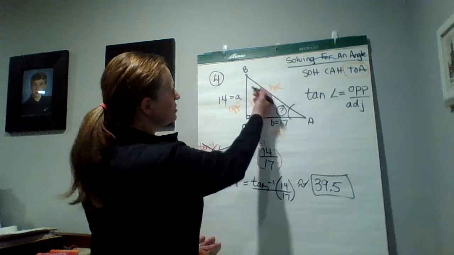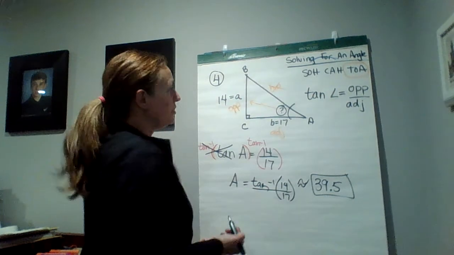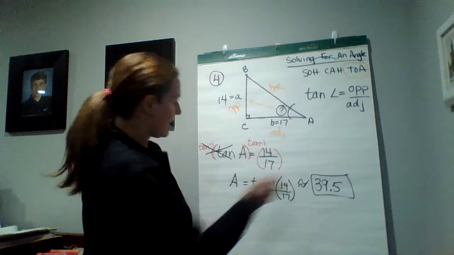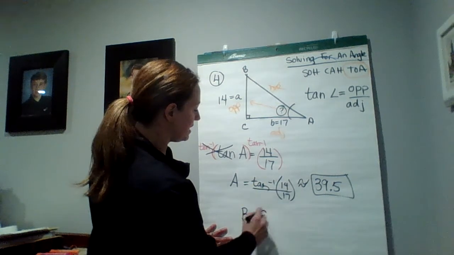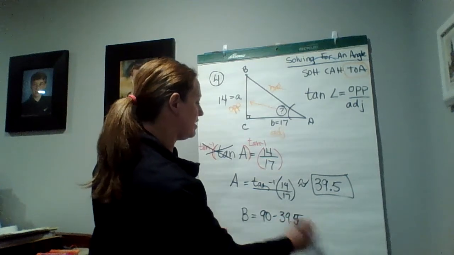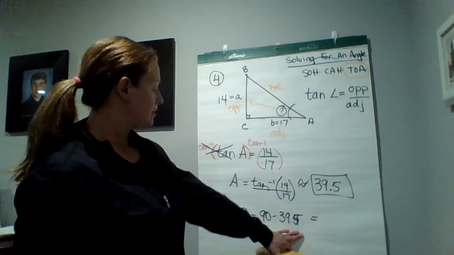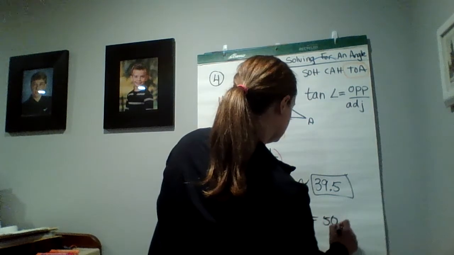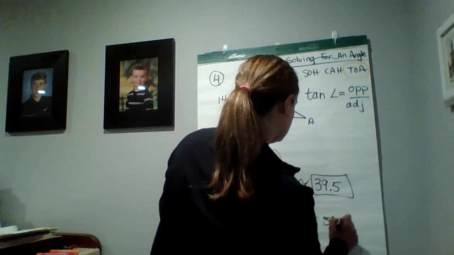Now we could easily find the measure of angle B because it's the other acute angle. It's going to be complementary to angle A. So angle B would just be 90 minus 39.5. Whoops, 39.5. 90 minus 40 would be 50, so this is going to be 50.5.